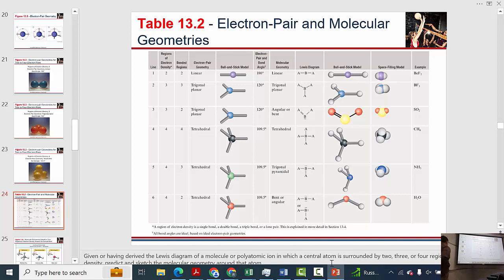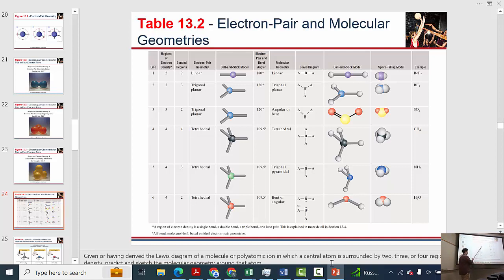So that's what we have in this table here. When we have linear, it's always linear. But when we have trigonal planar, then we have two possible molecular geometries. So when we have a trigonal planar EGG, now this is showing three bonded atoms, but that's not the case.